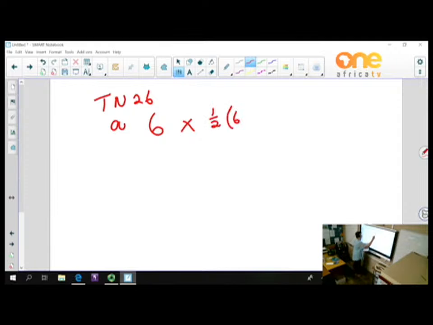BC is 6 times 6, that's the length of the side, the radius then there, and then sine 60 degrees, because if you have a hexagon, these angles there is 360 degrees, so one will be sine 60 degrees there. And this is the 93.5 square centimeters.